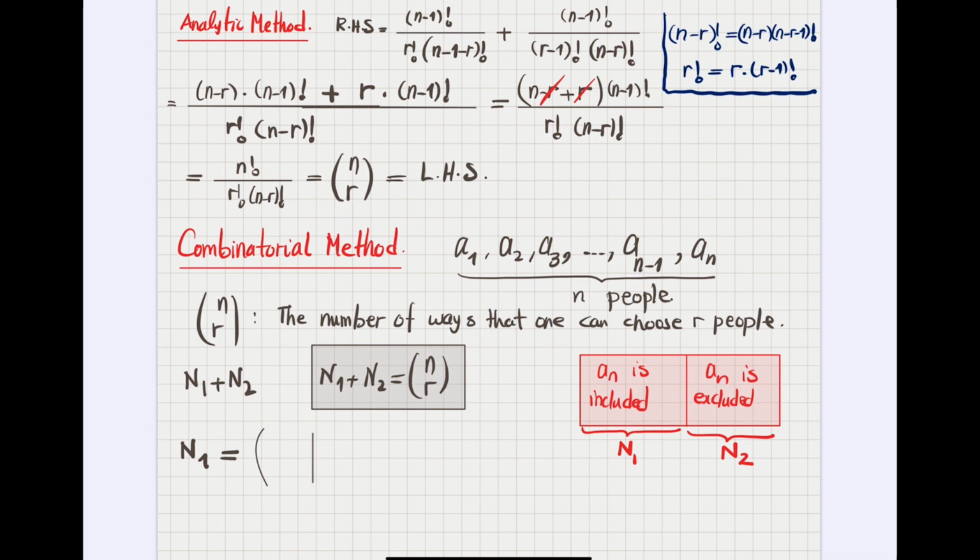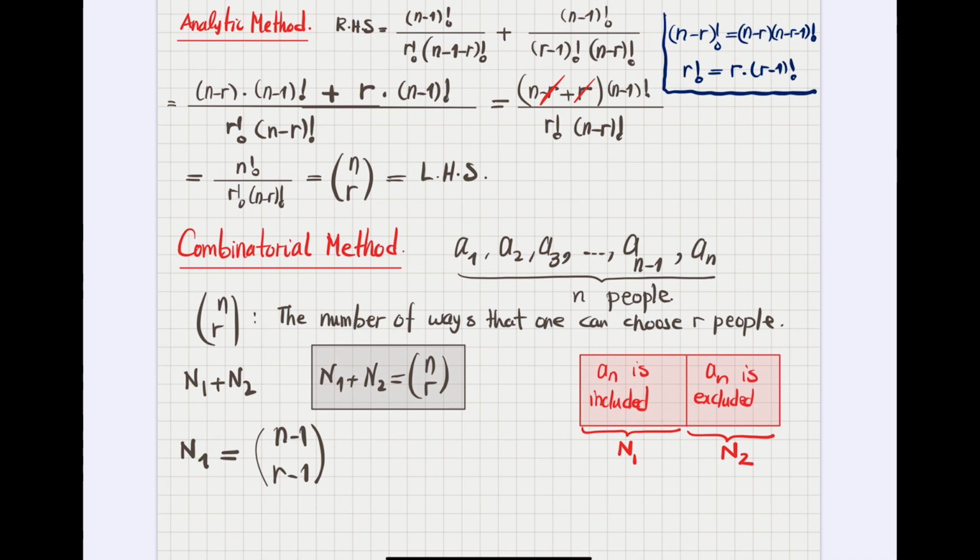Yes, r minus 1 from how many people? n minus 1, because a_n has already been chosen. I want to choose r people. a_n is chosen. It means that my duty is to choose r minus 1 of the rest of the people. But I have n minus 1 people left, because if I write n, it might happen that I am choosing a_n twice, which is not possible, and this is not meaningful.